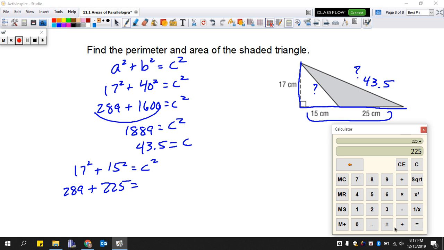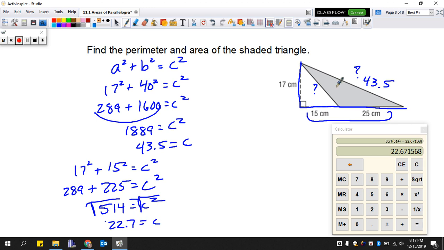Add the two together, 514 is equal to c squared. Take the square root of it, and that would be 22.7, is equal to c. So the length of this side is 22.7.